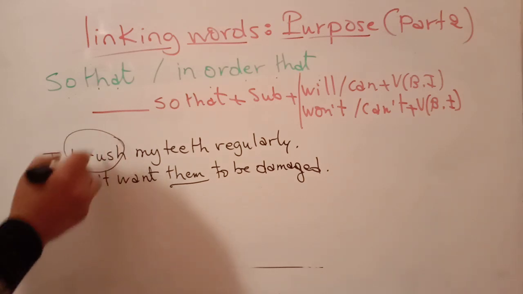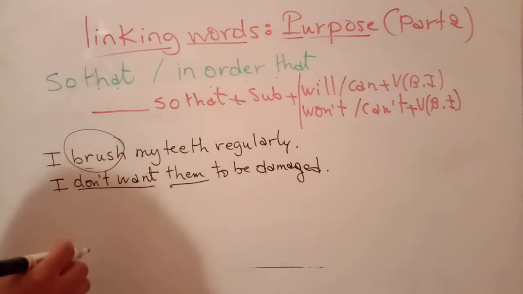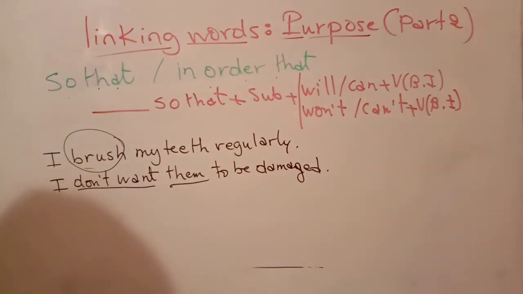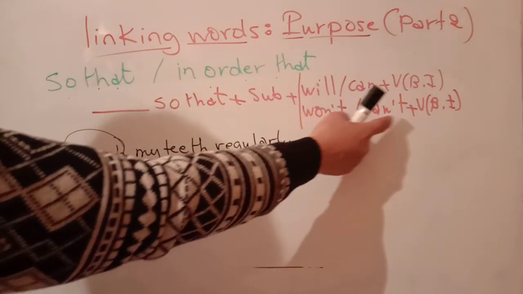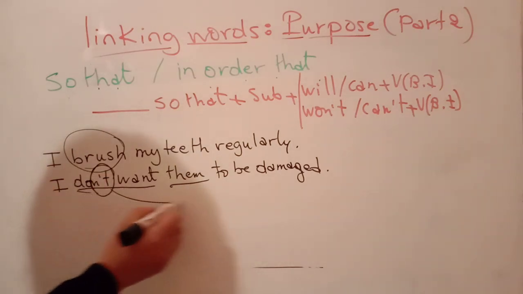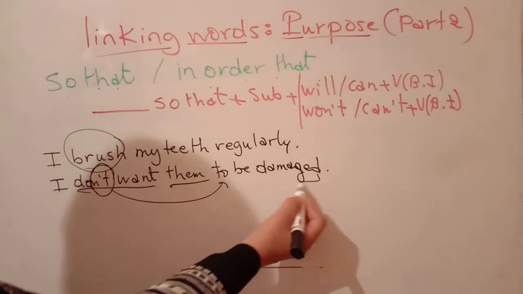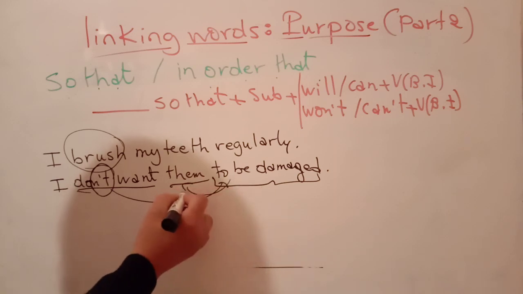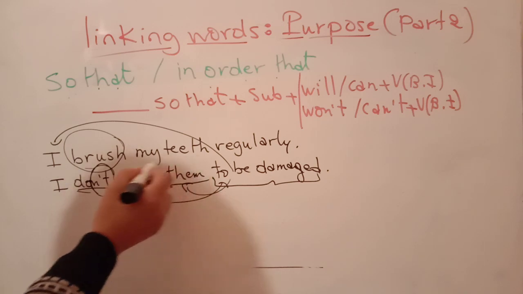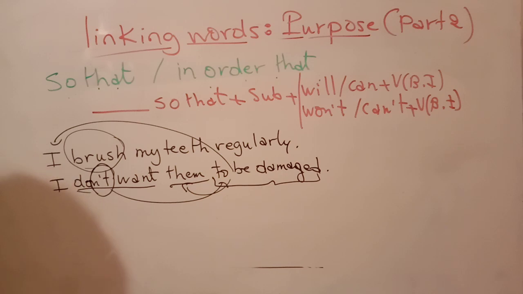Here we have present tense: brush, don't want. So we are going to use the following form: so that plus subject plus won't or can't plus verb bare infinitive, because as you see here we have not to be damaged. Does the purpose here refer to them or to I? Of course to them, which is my teeth, right? So let's join these two sentences together.